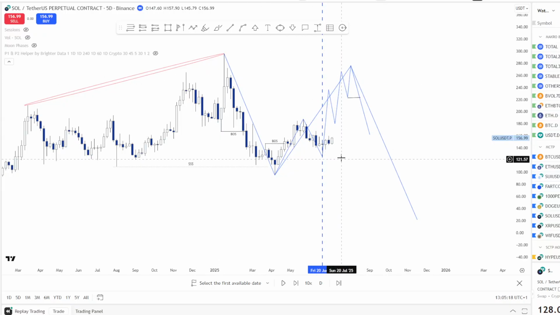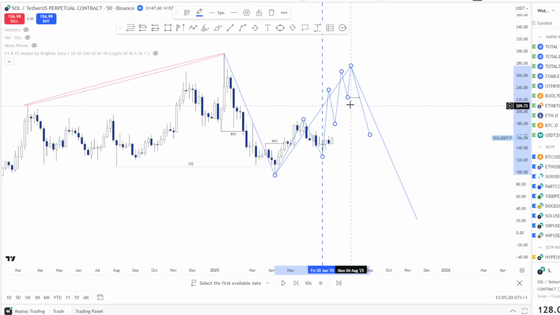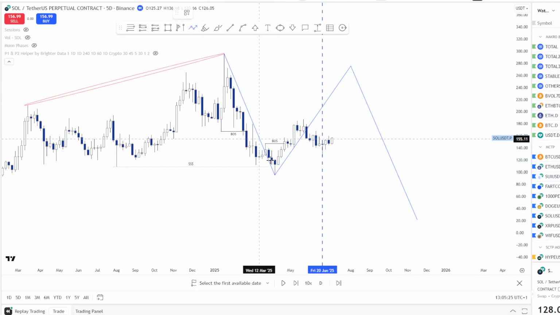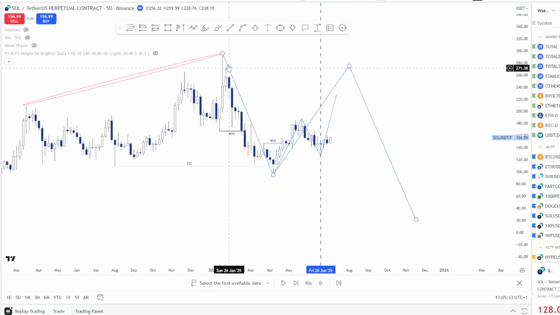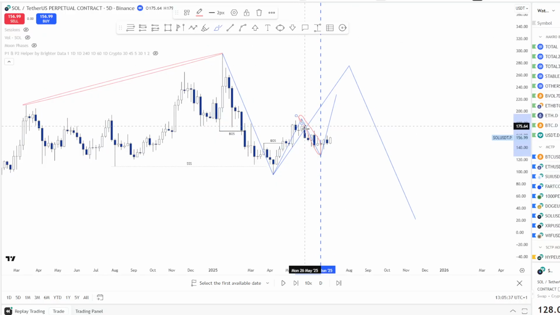And now what we can do, we can look for market structure. As we know that our 5-day is bullish, we can expect something like this on a 5-day. And now we can analyze this market structure pull going down to see if we get an accumulation here that brings us to the next pivot point going up.